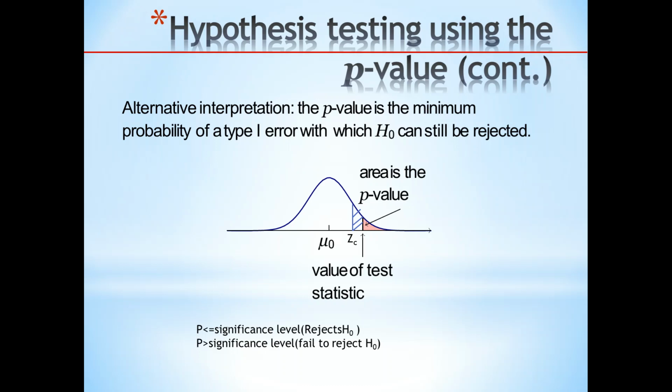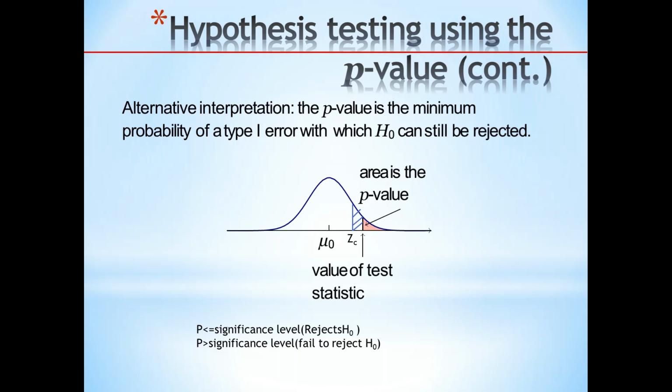That means if the test statistic is Z as shown in the diagram, and we move towards the right, the red shaded region is the area covered, and this red region is the p-value.